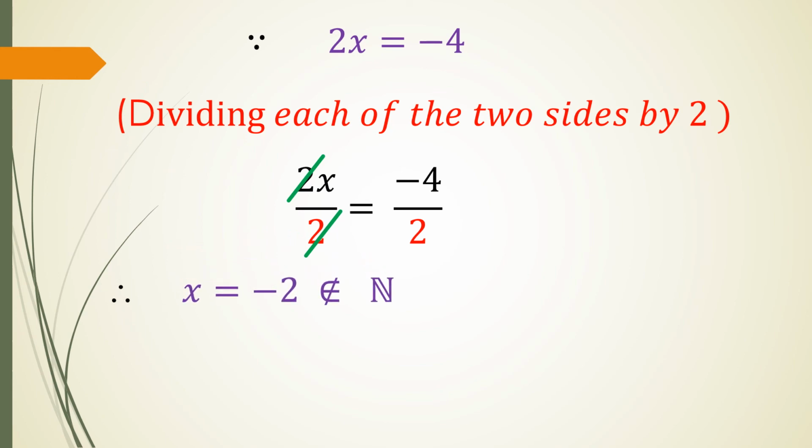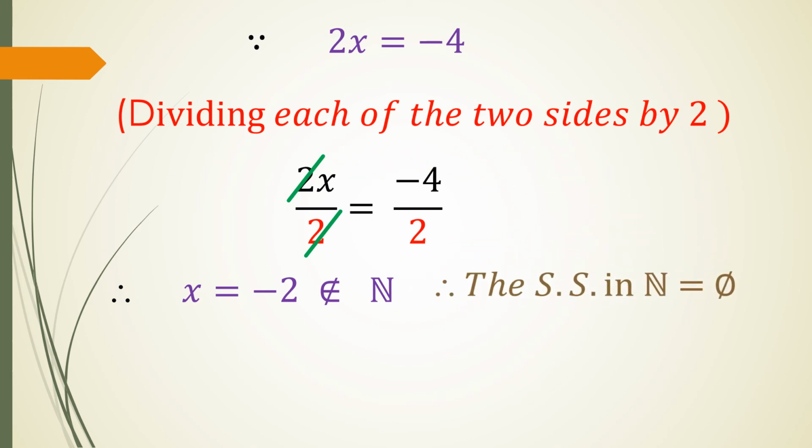But in the question, he told me to find the solution set in N and Z. So x equals negative 2. Does negative 2 belong to the natural numbers? No. The set of natural numbers equals 0, 1, 2, 3, 4, and so on. So negative 2 does not belong to the natural numbers.